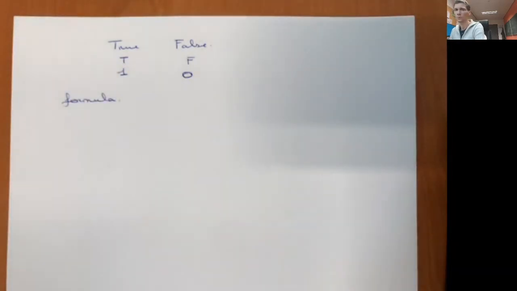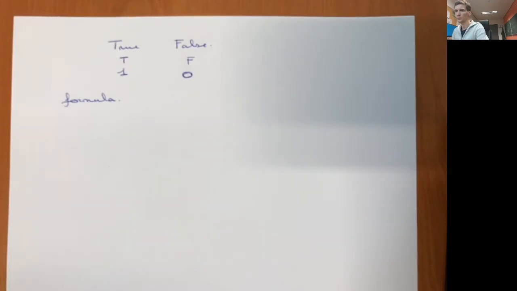Okay, so what is a formula? You can think of a formula as something like a Lego construction, in the sense that if you have two constructions in Lego, you can add them together to form a new one, right? So you can combine formulas into new formulas. In some cases you can also decompose a formula into separate pieces.